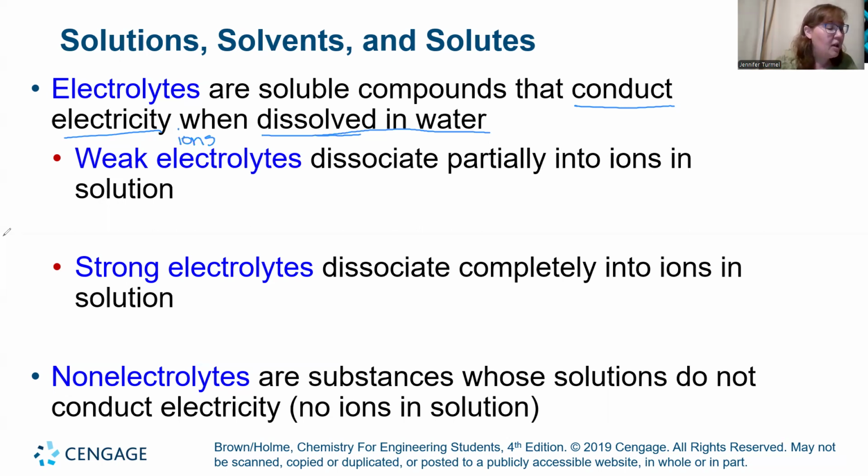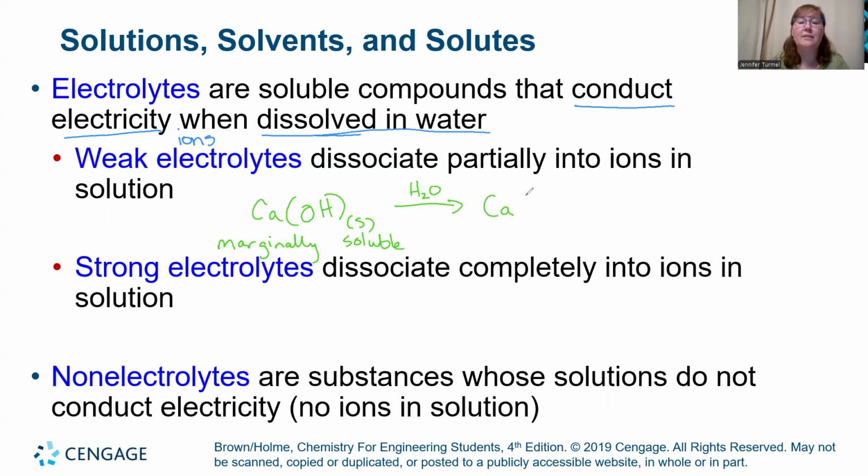An example of a weak electrolyte, and I think I have some examples of this a little farther on, might be calcium hydroxide, because remember that calcium hydroxide is only marginally or slightly soluble, which means that in the presence of water, most of it is going to stay solid.